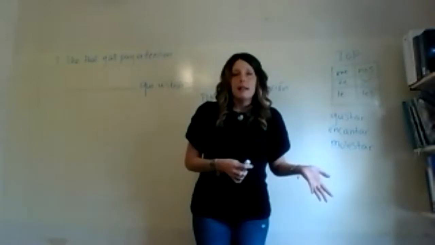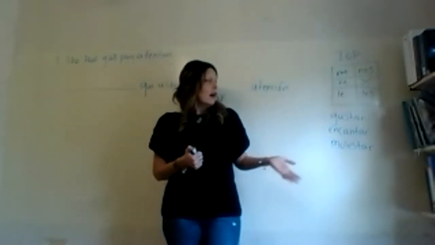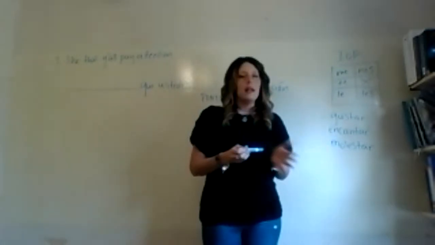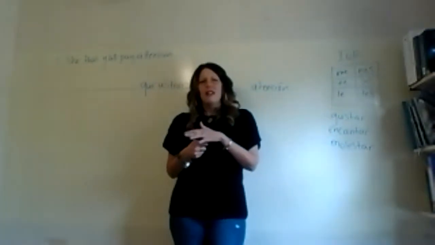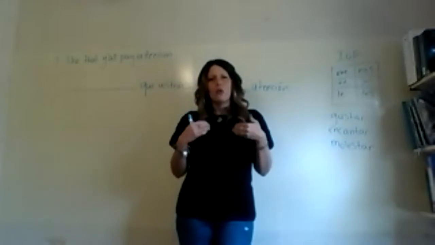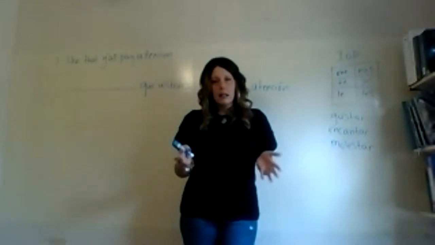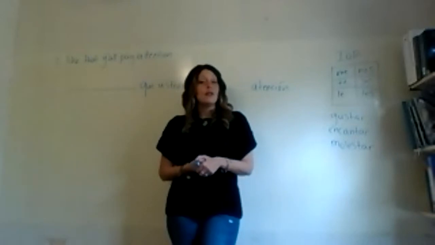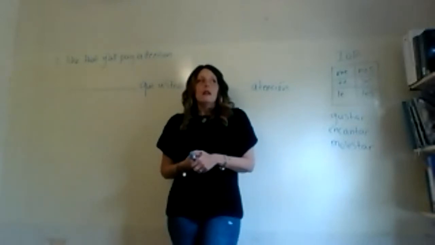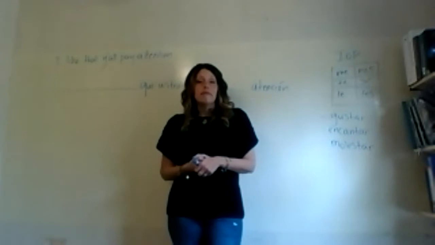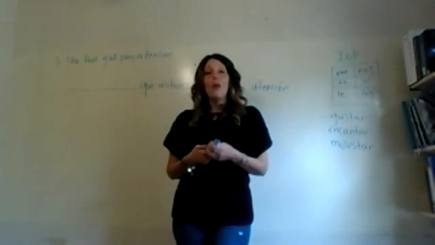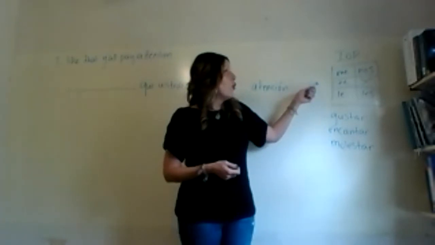So we don't need to worry about the plural forms like gustan, encantan, molestan, because we're just using the third person singular: gusta, encanta, molesta in the present tense, along with the appropriate IOP.